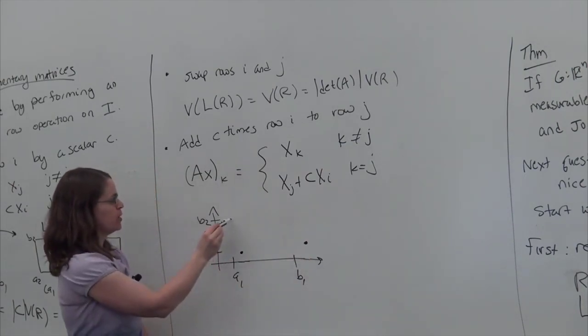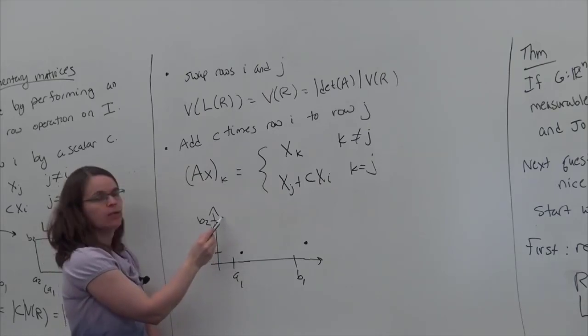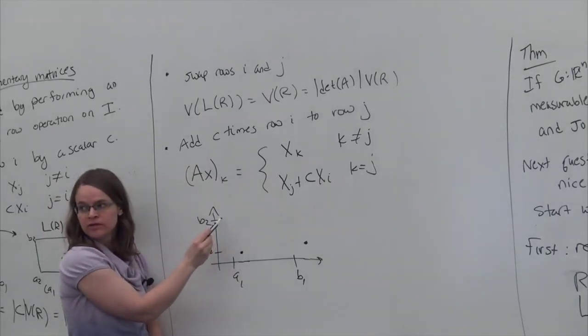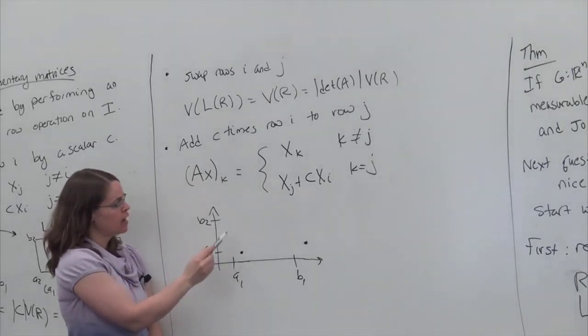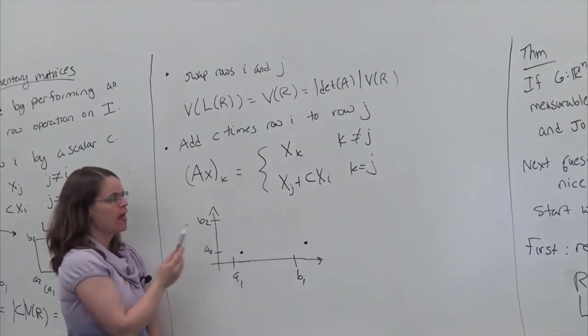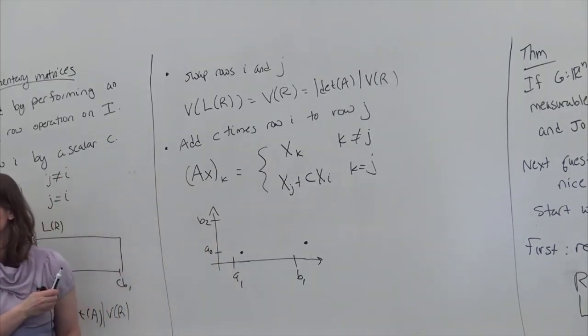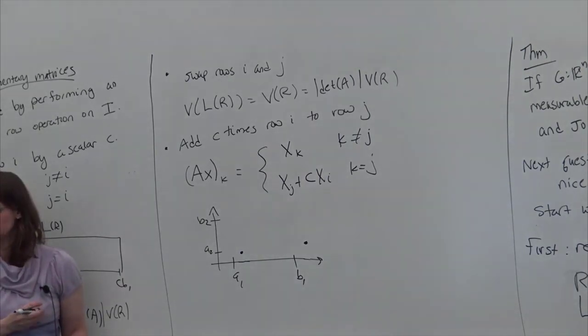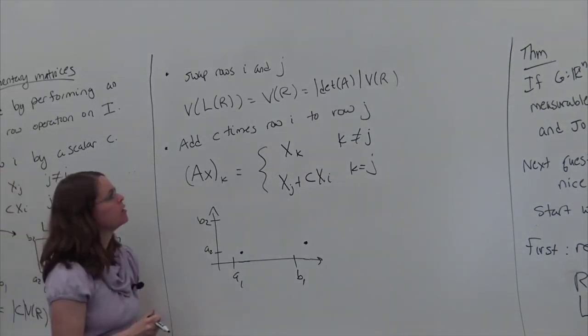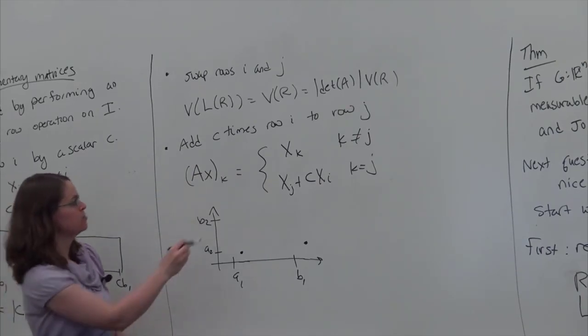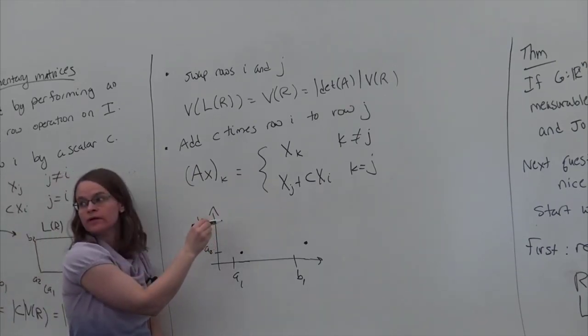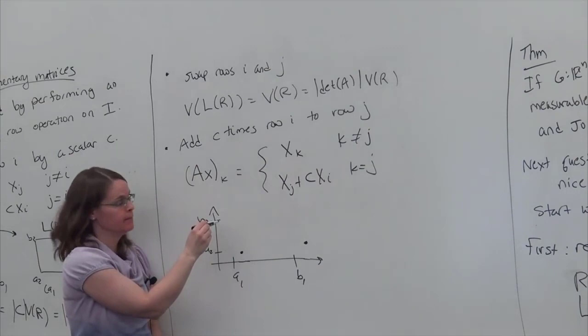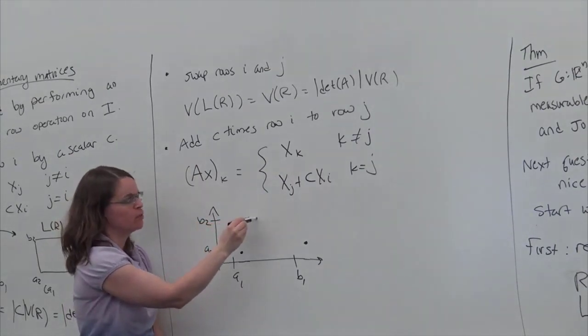What about this corner? Well, this corner, I had A1, B2. The B2 part is going to stay the same. Now I'm going to take A1 and add C times something. So what am I supposed to add? C times this component, so C times B2 this time. So this is going to get shifted a little bit more.